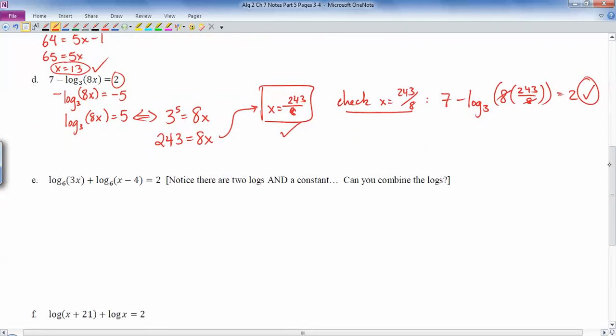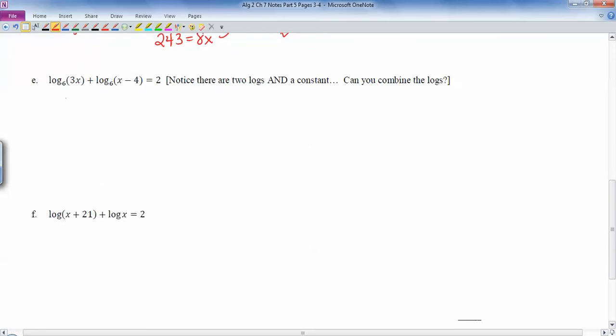Okay, E is a little bit trickier. So now we don't just have one log and a constant, or just 2 logs. We have 2 logs and a constant. So the way to do this is get the logs on one side, get the constant on the other, which we already have, and then combine the logs. Because remember, we have this rule too.